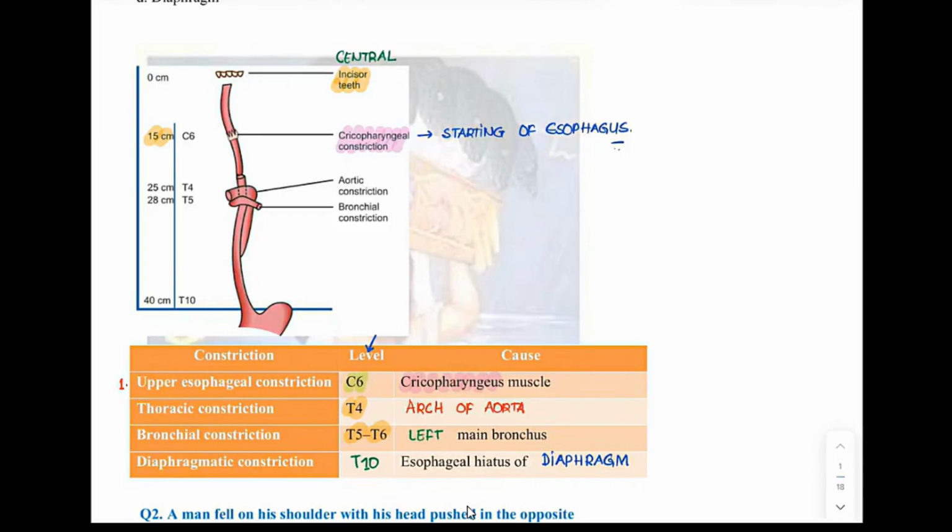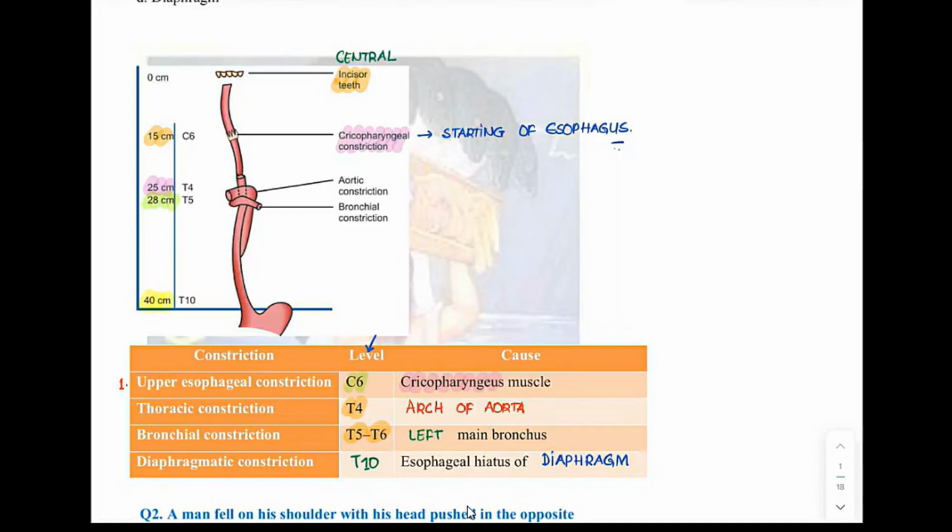The cricopharyngeal constriction is at a distance of 15 centimeter. The aortic arch constriction is at a distance of 25 centimeter. The left main bronchus constriction is at a distance of 28 centimeter from the central incisors. And lastly, the diaphragmatic hiatus is at 40 centimeter from the central incisor.